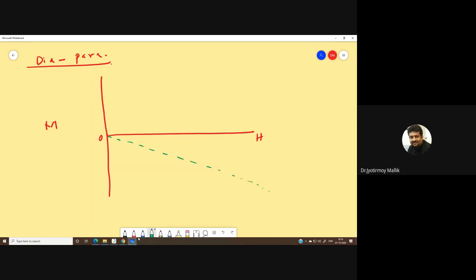With increasing H, the magnetization increases, but the magnetization happens in the opposite direction to that of H. In other words, we can write down that K is negative, and this is what we call diamagnetic.